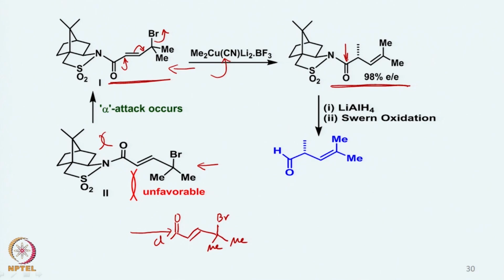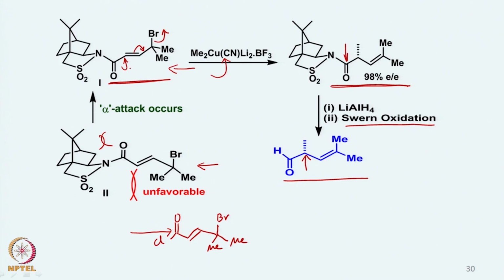Once we get the corresponding CH2OH, after the amide part is reduced, we can carry out the Swern oxidation and eventually form this beta gamma unsaturated aldehyde, having a C-C bond formed here by the cuprate that we have added.